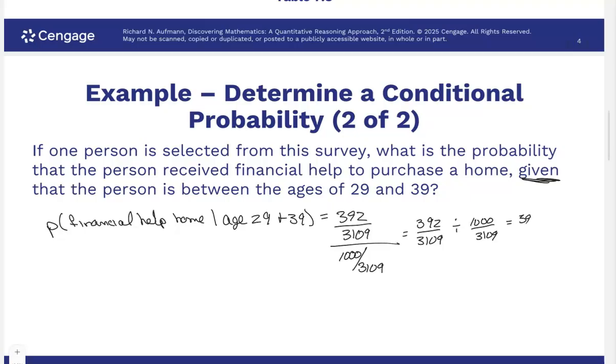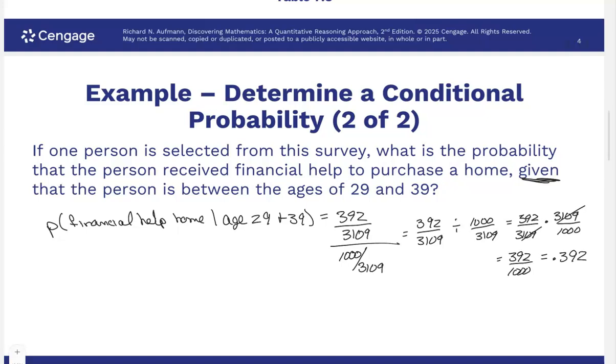And then we would do keep, change it to multiplication, and then flip the second. You can see how those are going to cancel. So 392 out of 1,000. As a decimal, it's going to be 0.392.